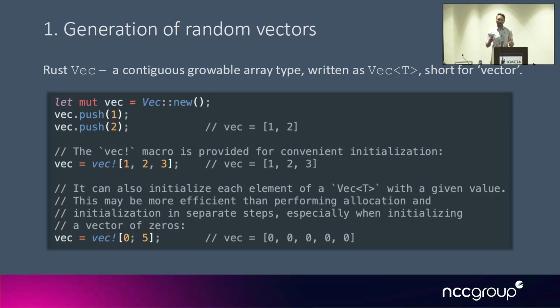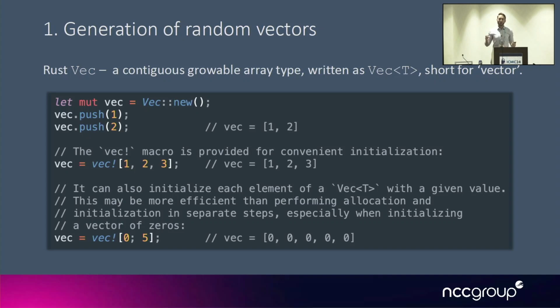Vectors are a contiguous, growable type of array, and you instantiate a vector using this new function, and then you can push elements to the vector using the push function. So, for example, we instantiate vec, and then you push 1, you push 2. If we were to print out the content of the vector here, we would have what I have put under a comment on the right-hand side, which is a vector containing the elements 1 and 2.